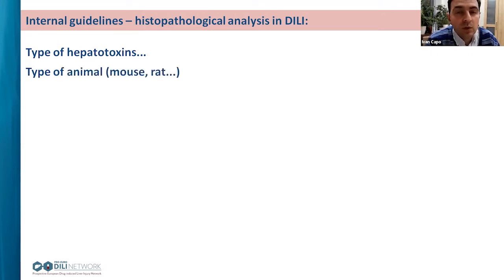Second, we need to know which animal we will use. We saw the differences between different rodent types, not just relative to humans. Very important in some models is the diet status of the animal.